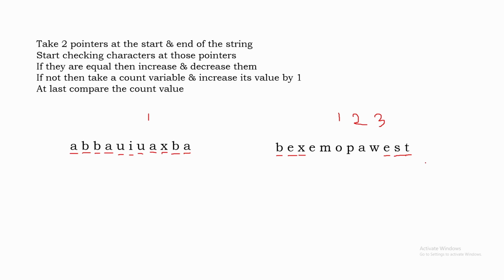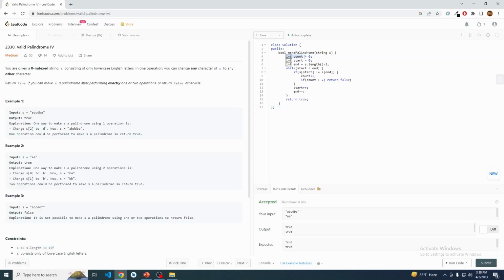Now let's try to solve this problem in LeetCode. Here we are taking a count variable, our start pointer and end pointer. This is our loop condition. If characters at those indices are not equal, we increment the value of the count variable. If count's value is greater than 2, then we return false. And here we keep incrementing the start pointer and decrementing the end pointer.